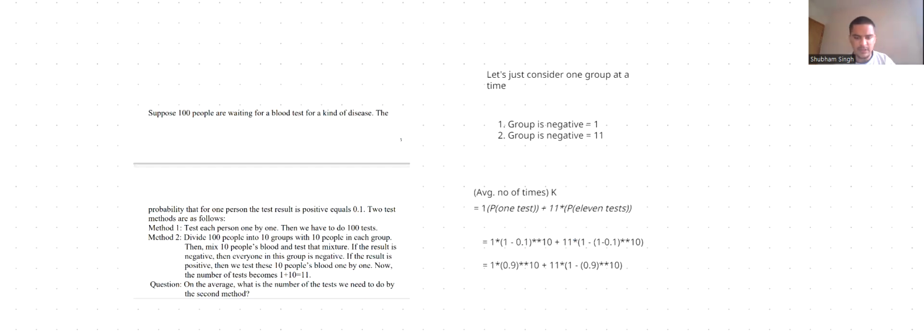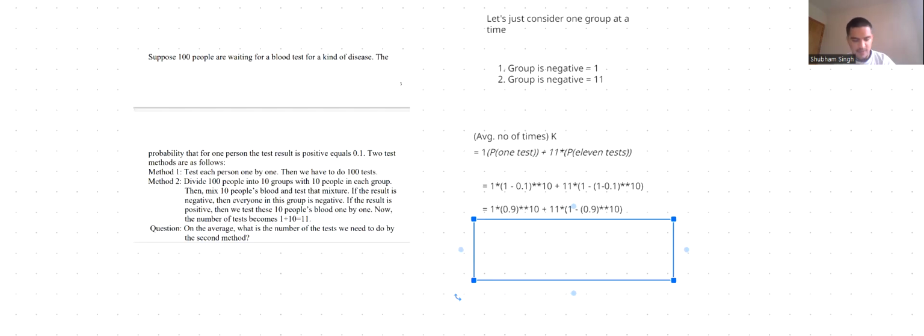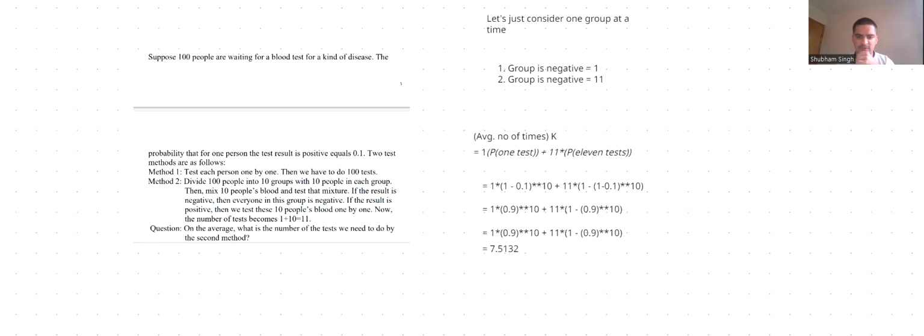Now you can see that it's much clearer. I'll do the calculations on the calculator, and this comes out to be somewhere around 7.5132. So this is the average number of tests that we need to do for a group.